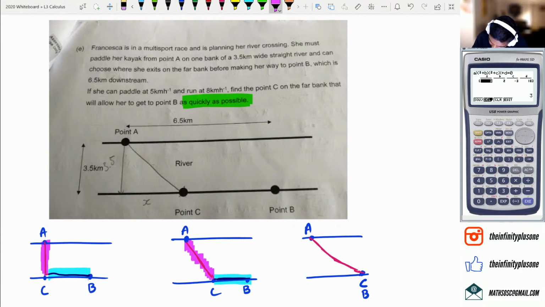Or the third situation is she kayaks the whole way through. So at the moment, those are the three situations that could potentially happen. Now we are trying to figure out which one is going to give us the least amount of time to travel from A to B. Are you guys happy with those three situations? Like what's happening there?